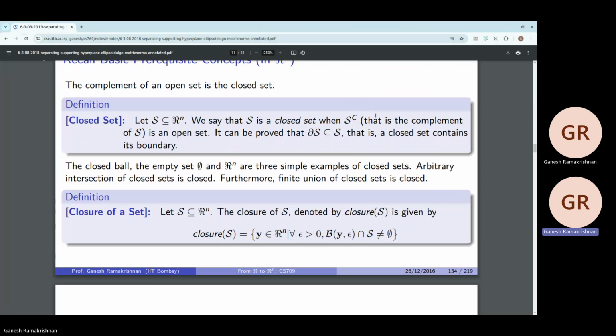So imagine the S is, let's take an example, the interior of this table. So the closure of this table, as you would expect, is the entire table, including its boundary. Why?